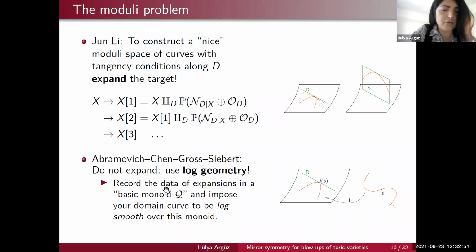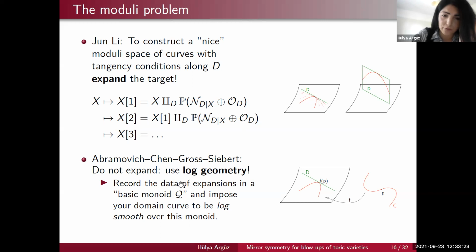And if you look at what Abramovich, Chen, Gross, Siebert do, this is also an amazing paper. They replace the expansions. They don't expand. They replace the idea of expansions by rather using log geometry. So they encode all the data that is needed for these expansions in some monoid, and they impose that your domain curve be log smooth over some base monoid.